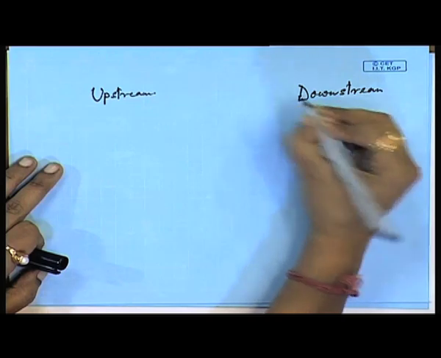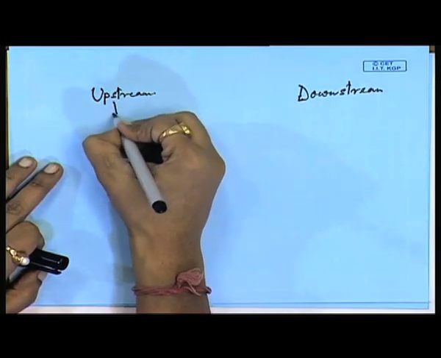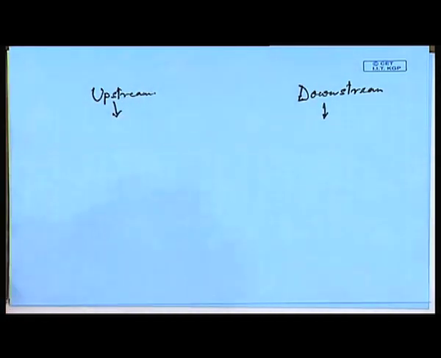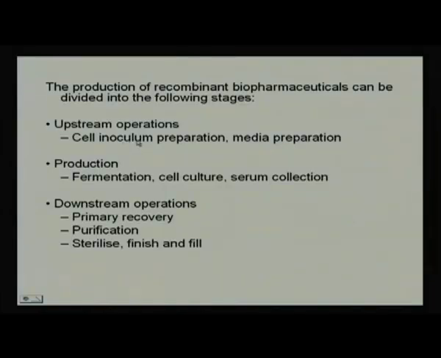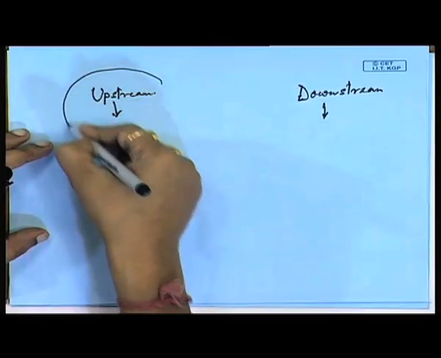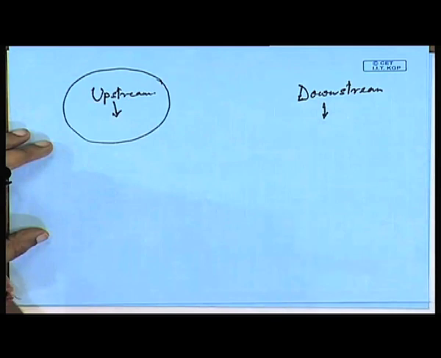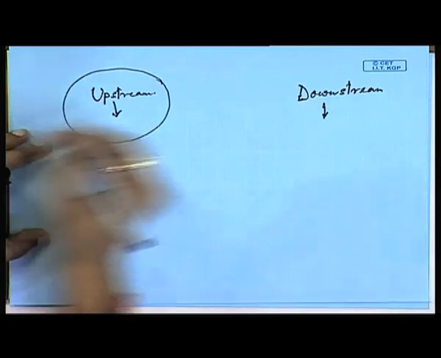Now, if we are talking about upstream and downstream, cell inoculum preparation, media preparation, sterilization, cooling, etc., are the processes coming under upstream processing.